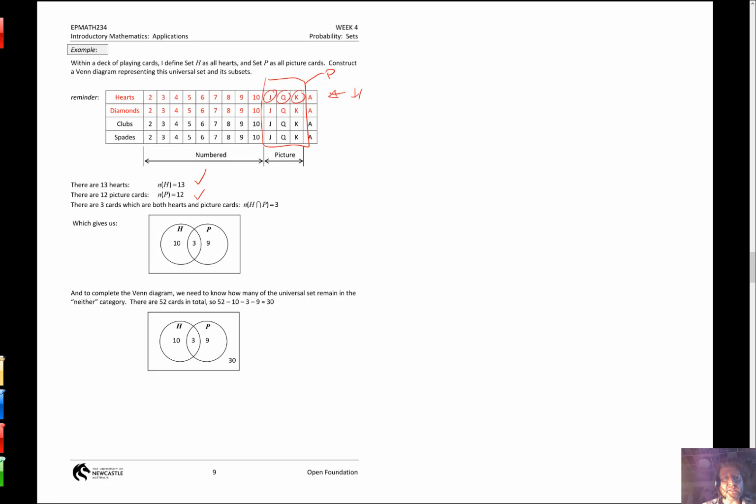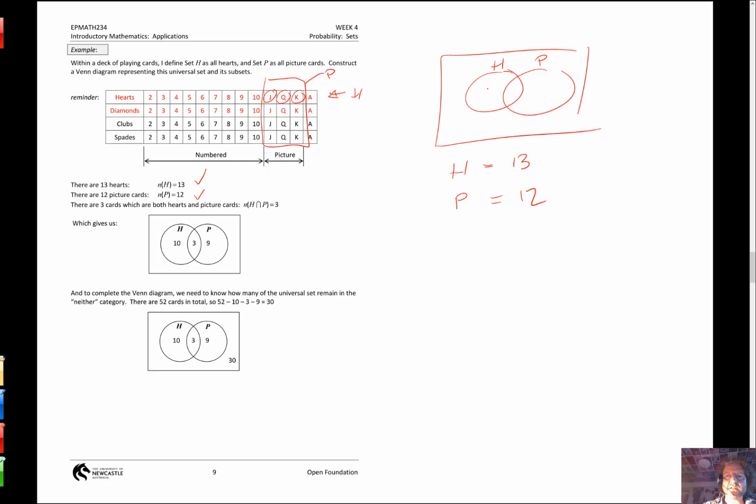Yep. So we can do a Venn diagram. I've already constructed it there, but let's look at the Venn diagram between H and P. Now, I'm not going to do it the same way here. Hearts has got 13 in it. Picture cards has got 12 in it. Again, I'm not just going to write heart 13 and picture card 12 because there's potential overlap.